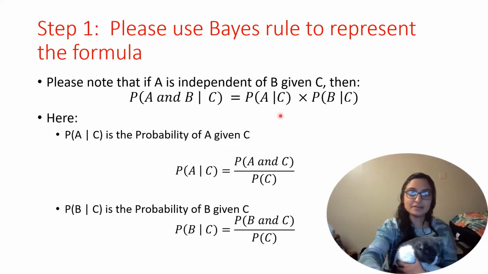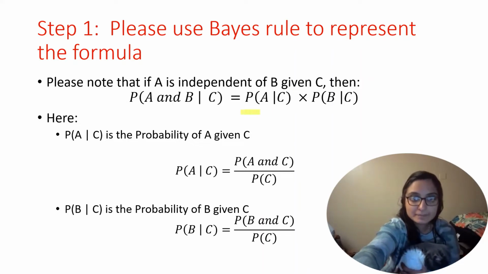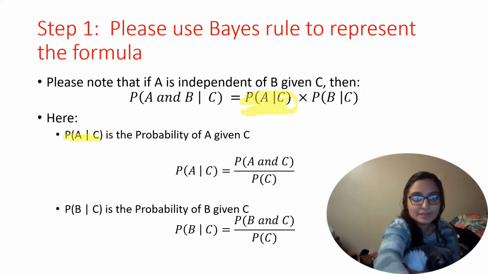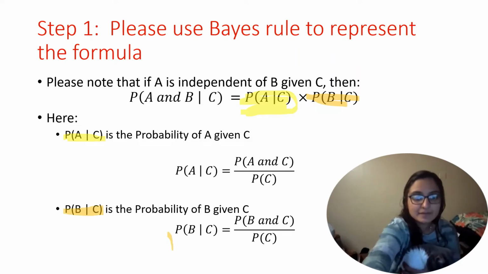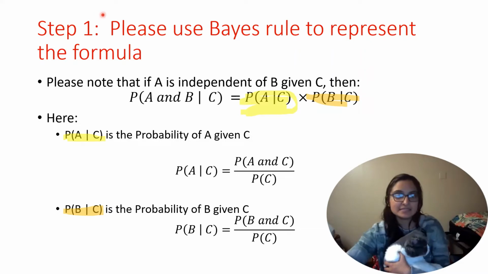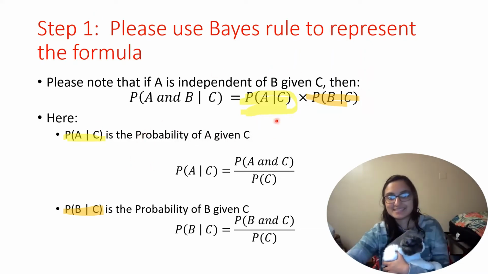So this part here is the probability of A given C, and this part here is the probability of B given C. Essentially, this bar means given.